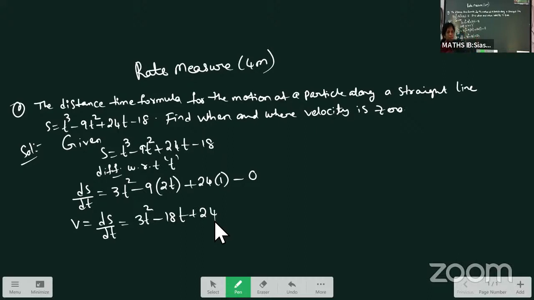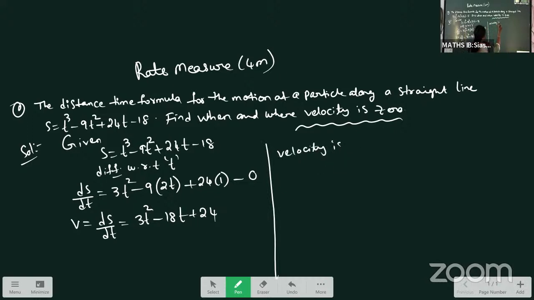In the question, when and where the velocity is 0. So by taking velocity is 0, we have to find out t value. Now, velocity is 0 implies 3t square minus 18t plus 24 is equals to 0.